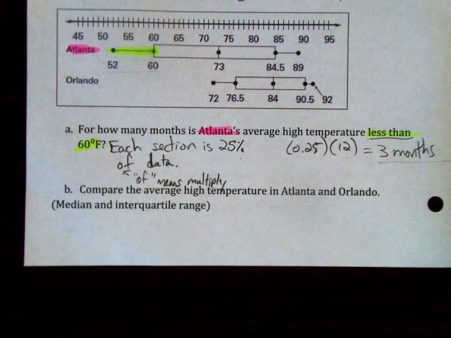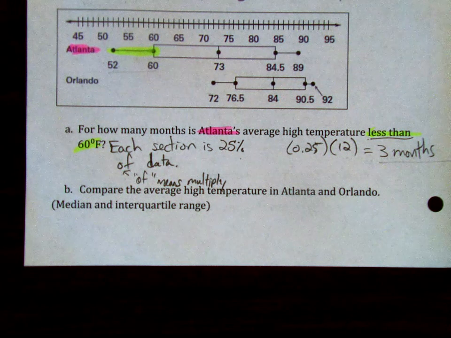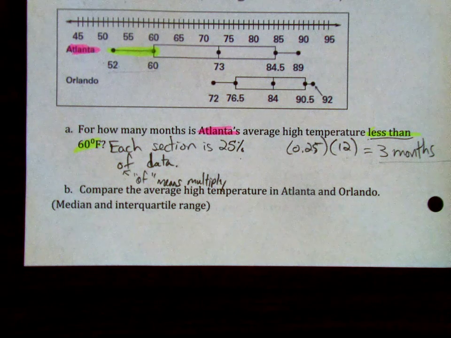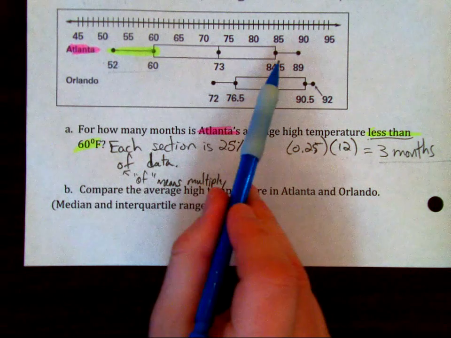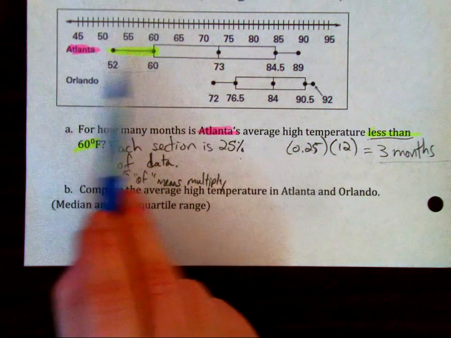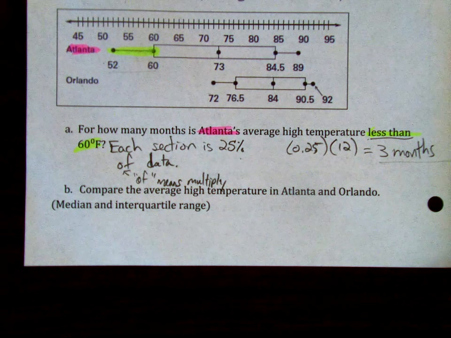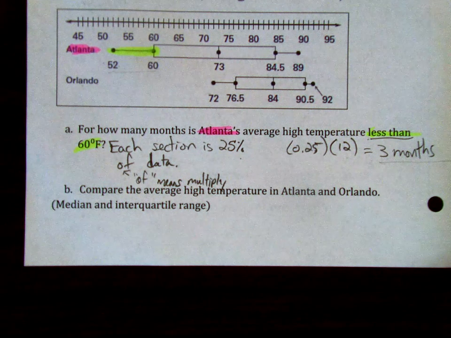Can you help us out, Christian? If you are looking at your 2 box plots down there, and you're looking at Atlanta, which is the first one, what would be the median of that entire set? So we're going to say about 73.